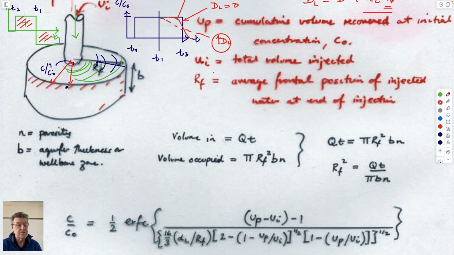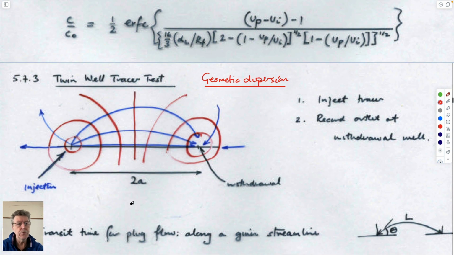And so you get this spreading, which is apparent here, which if you think about it in this geometry, say you wanted to do an experiment with two well bores, where you inject at the upstream one and you produce at the downstream one.